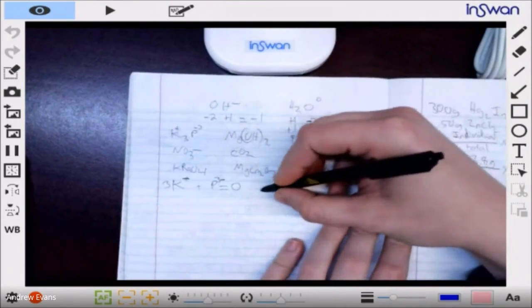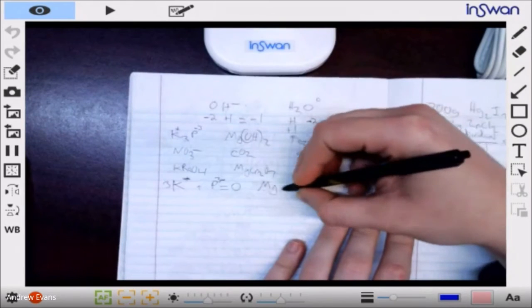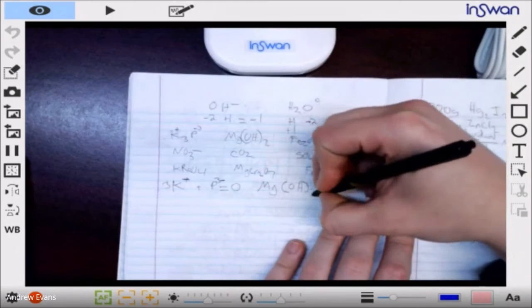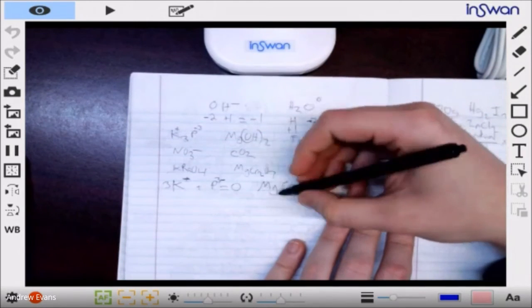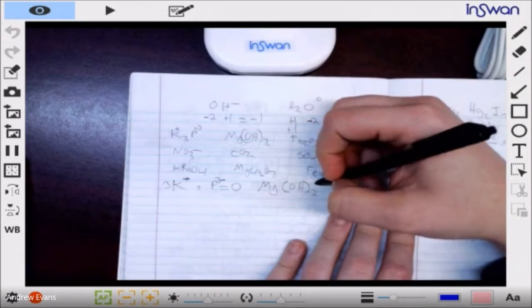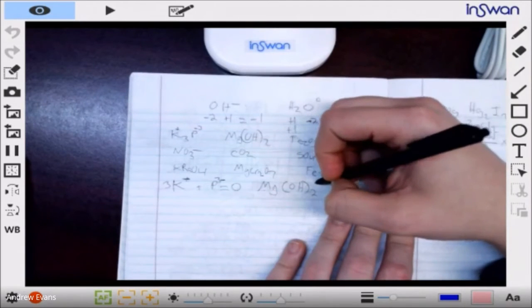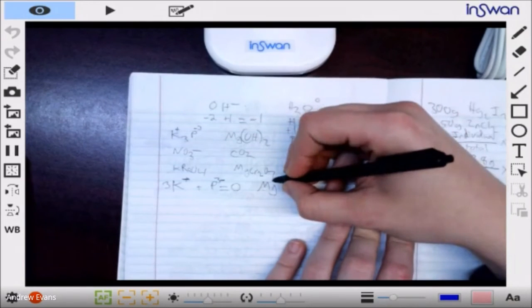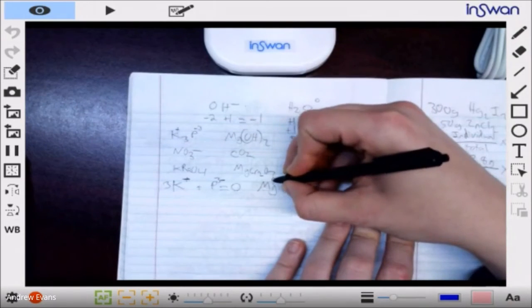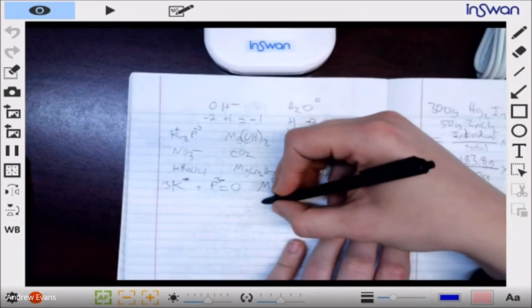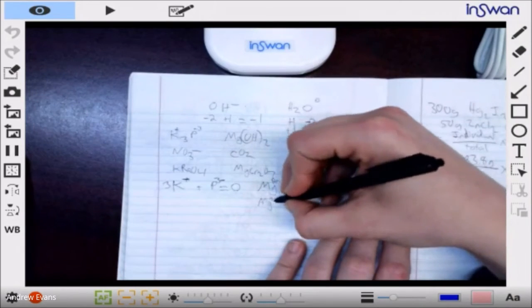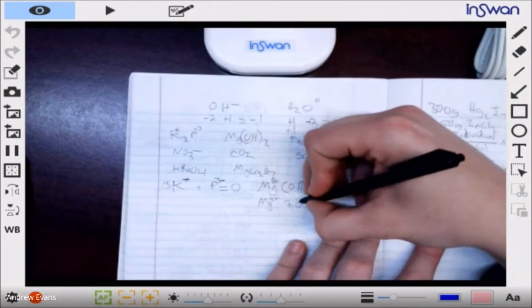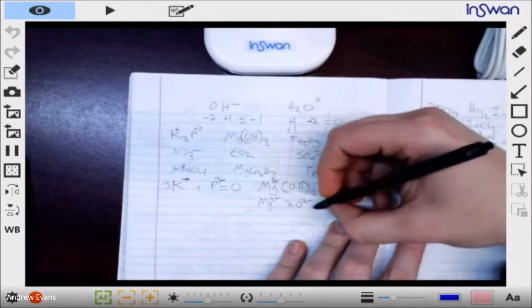Same thing, magnesium. This one is actually pretty straightforward. Magnesium hydroxide. We don't really have to do this, but remember hydroxide is -1. 2 hydroxides means 2 -1s. Magnesium is group 2, though, so magnesium is 2+. Each oxygen, and there's 2 oxygens, is 2-.